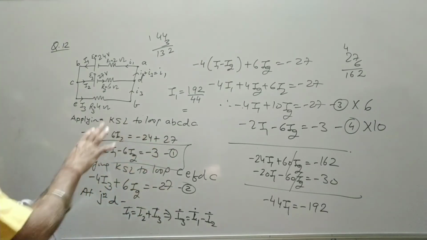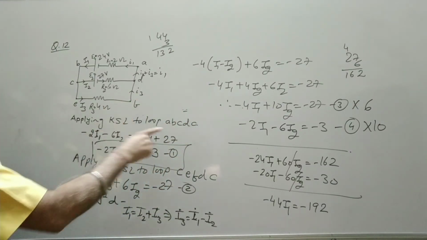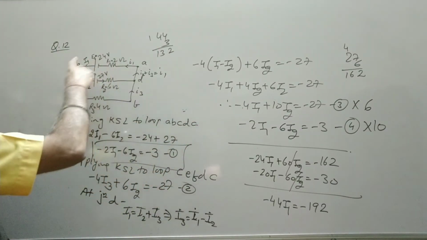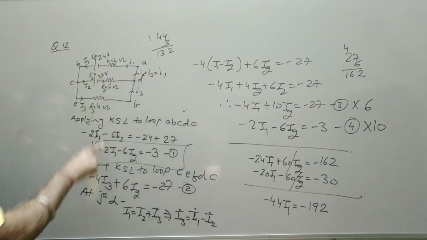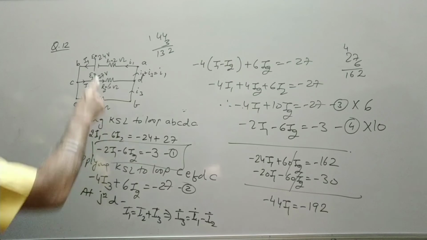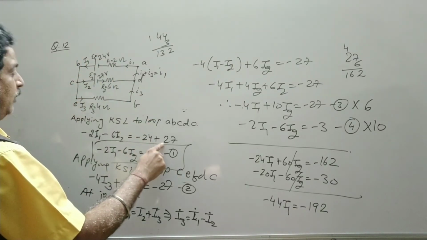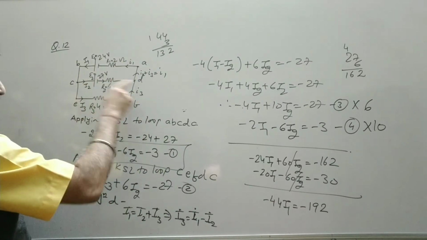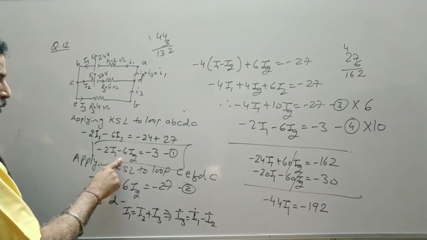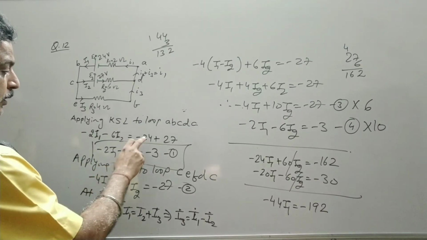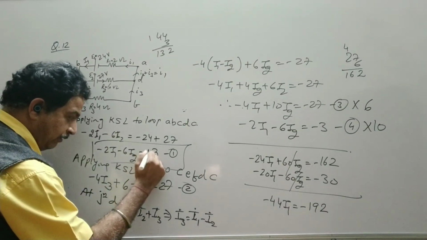So somewhere in applying this equation to the loop AB, let us recheck this. Applying Kirchhoff law to loop AB, in the direction of current, minus 2 I1, negative terminal, minus 24, positive terminal, plus 27, in the direction of current, minus 6 I2. So minus 24 plus 27, here we have a mistake.